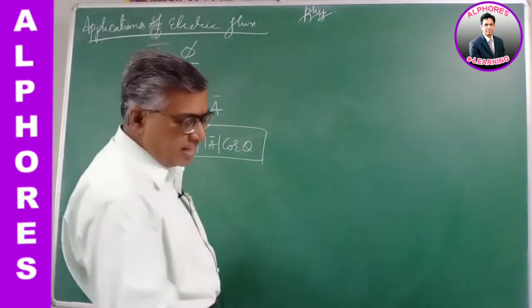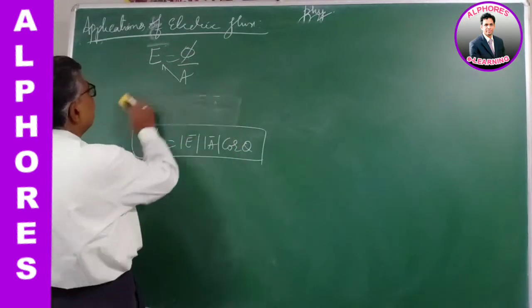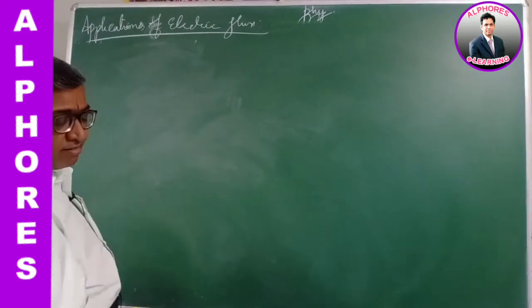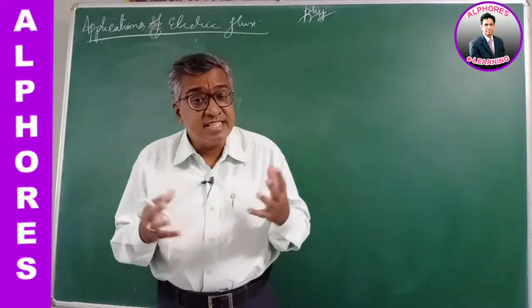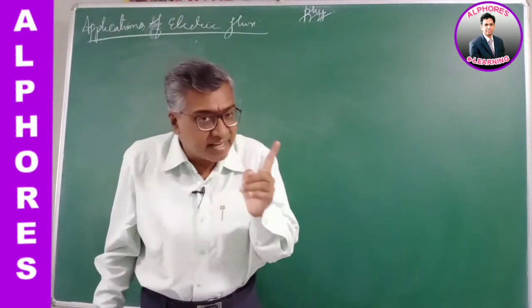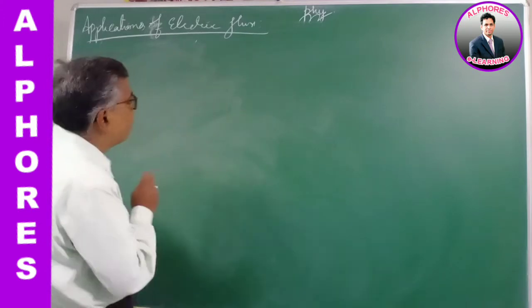If I consider the flux, and even I was telling you, flux is a scalar. Even though it is a scalar, it can be positive, negative or zero. When is it positive?